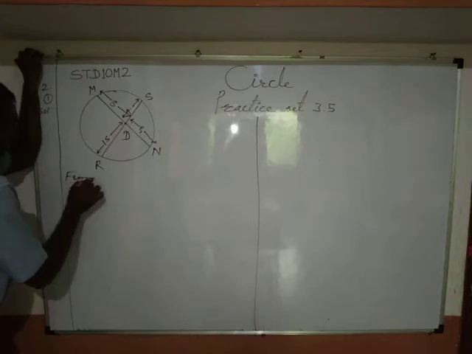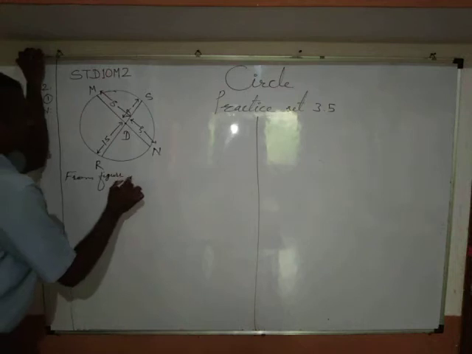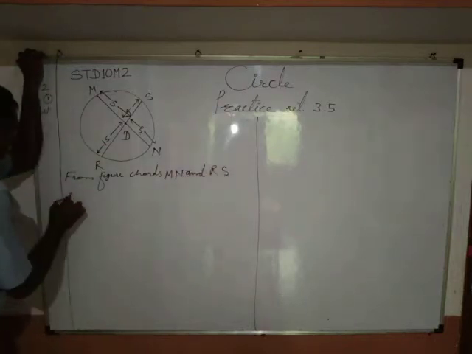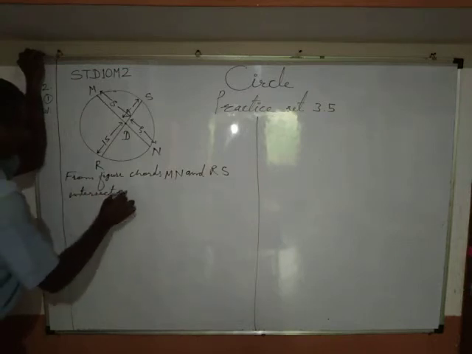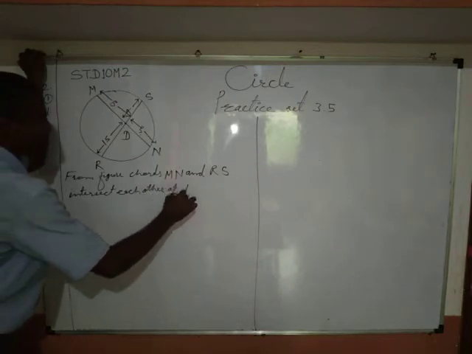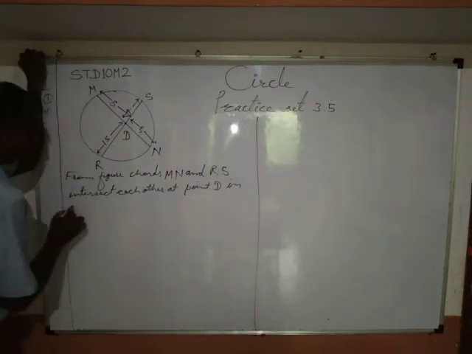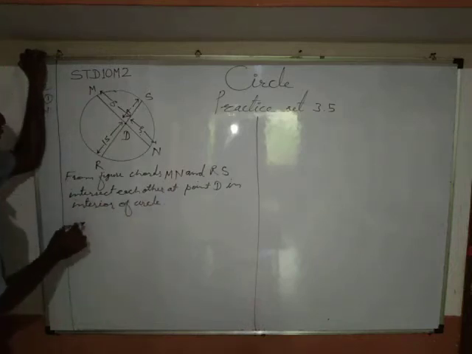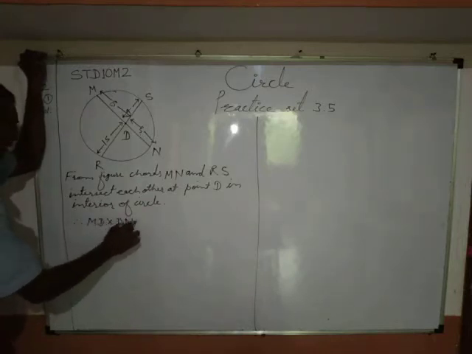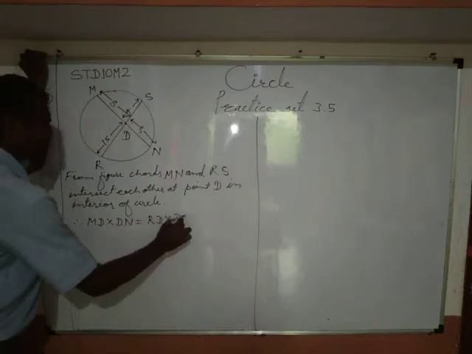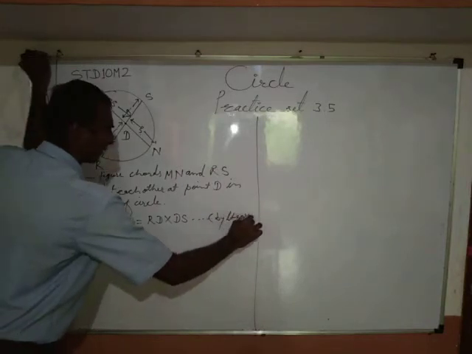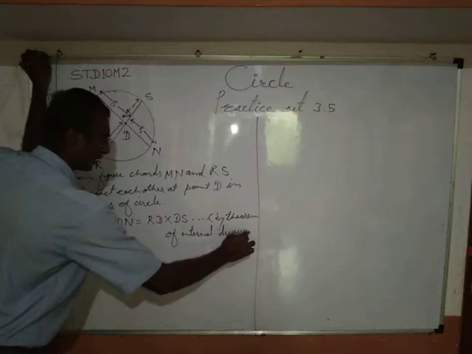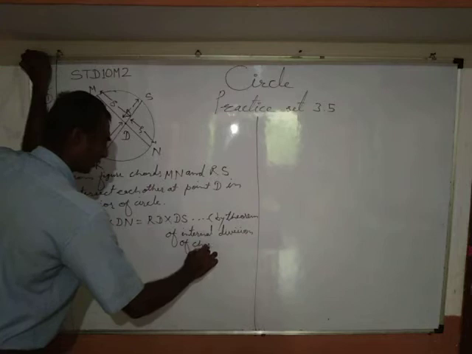From figure, chords MN and RS intersect each other at point D in the interior of the circle, and therefore MD into DN equals RD into DS by the theorem of internal division of chords.